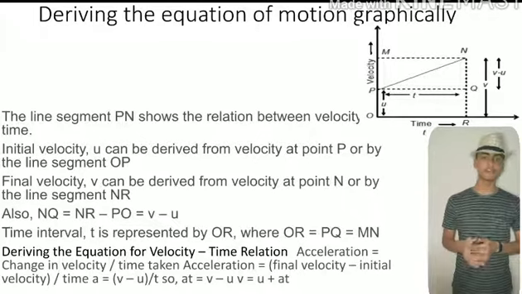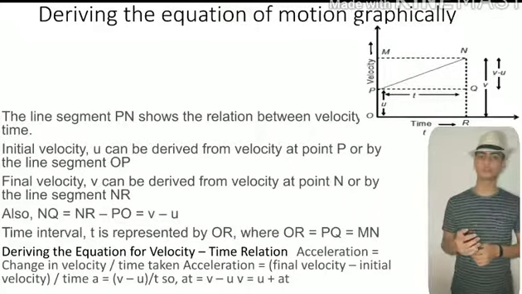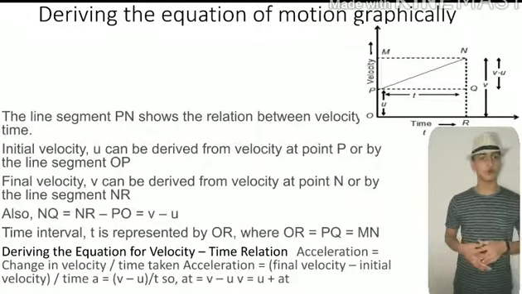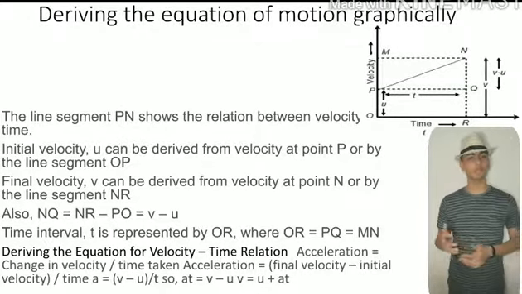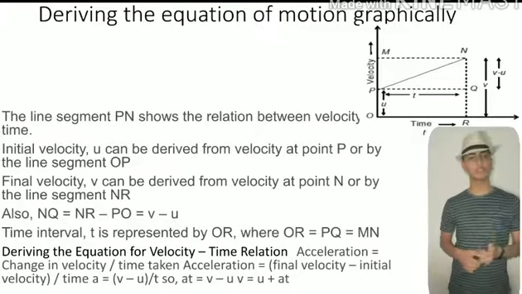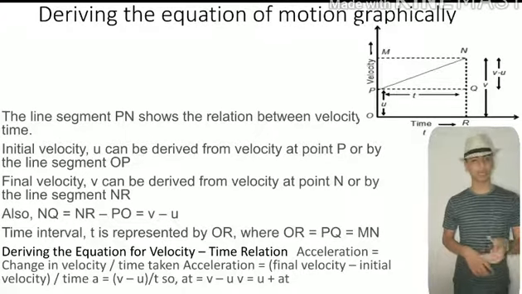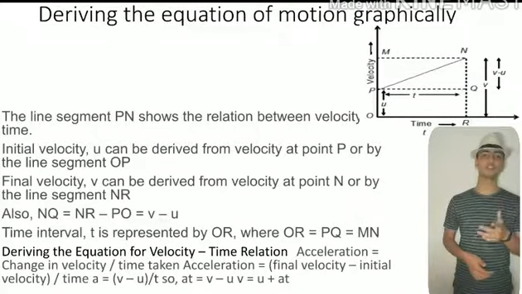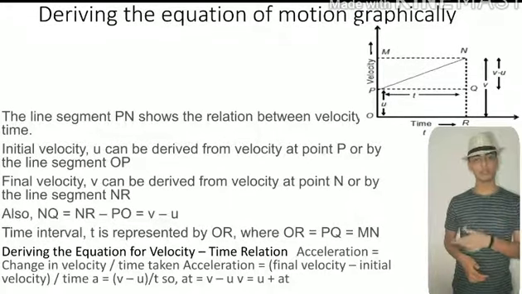The final velocity v can be derived from the velocity at point N, or the line segment NR. Also, NQ is equal to NR minus PO, making it v minus u. The time interval t is represented by OR, where OR equals PQ, which is also equivalent to MN.